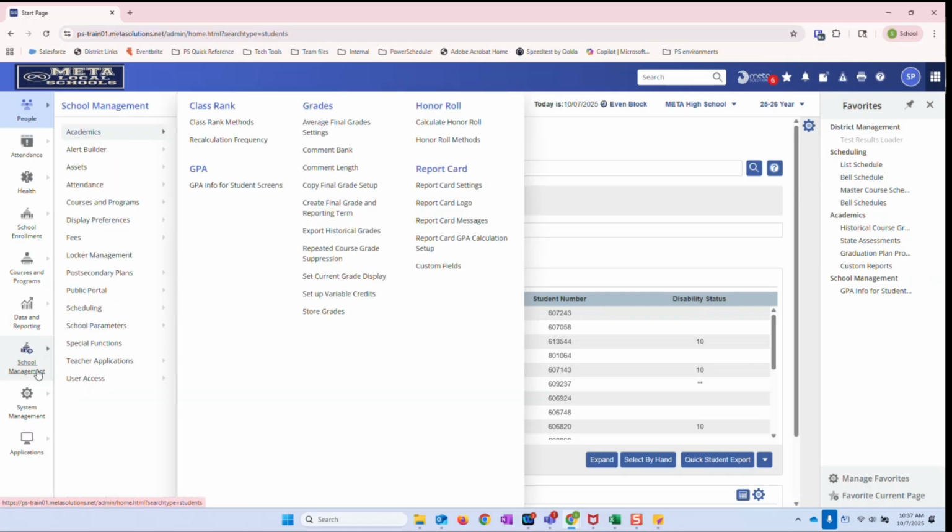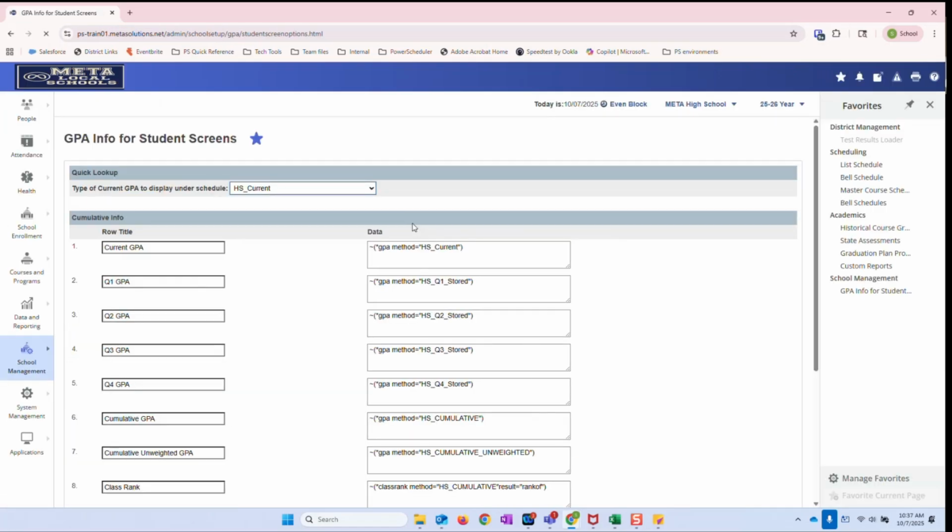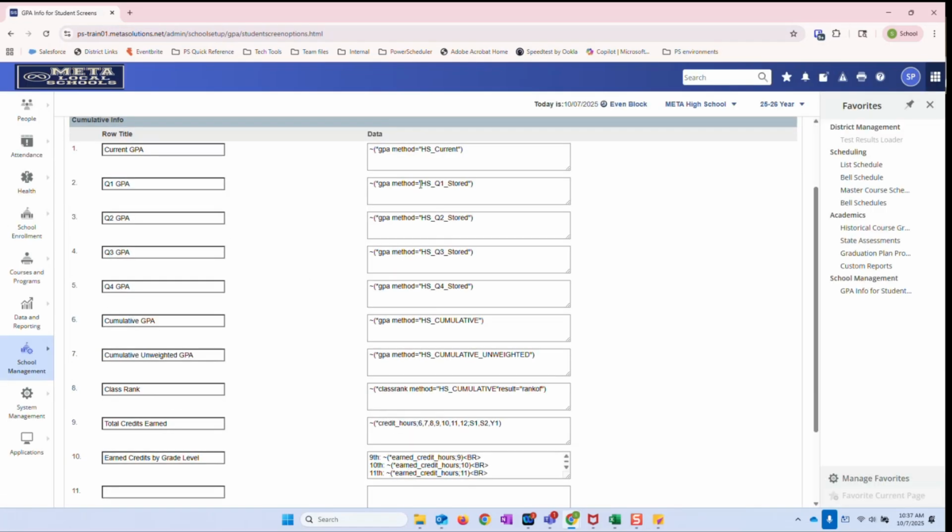So again, school management, and this is on your agenda, by the way. So I know I'm moving quick here, but you can see which GPA calculation from our district office level is being utilized to display on the screen. The cumulative versus the cumulative unweighted, which if you remember, wasn't counting those courses with added value.